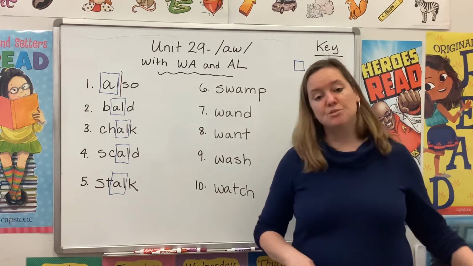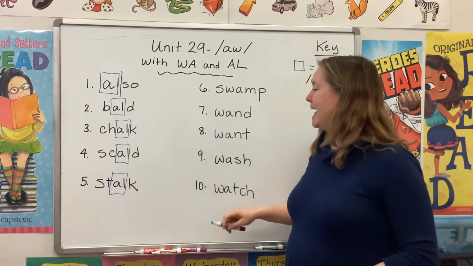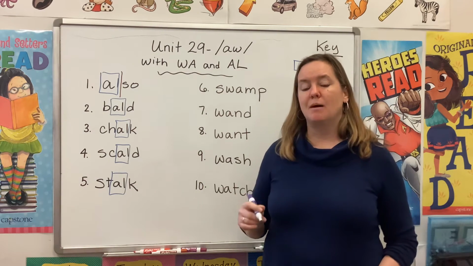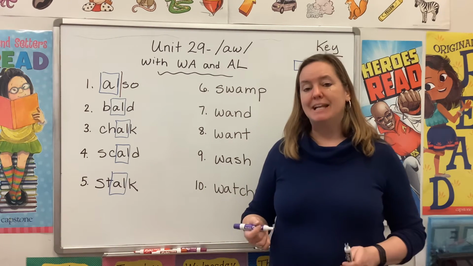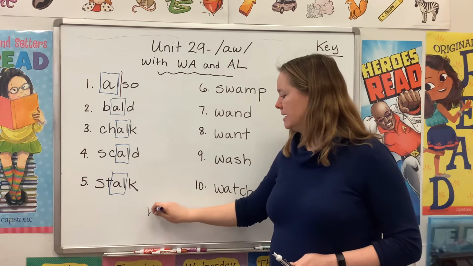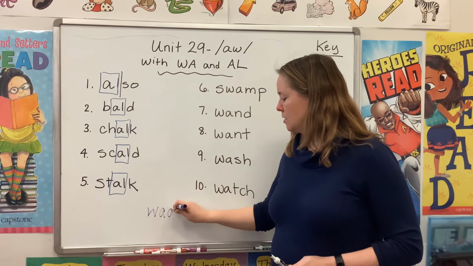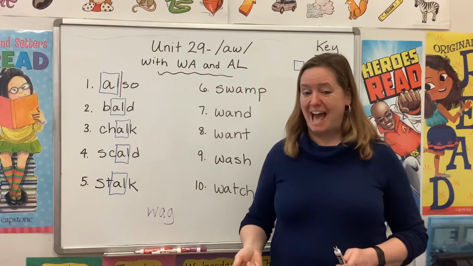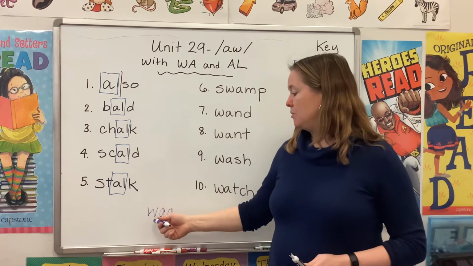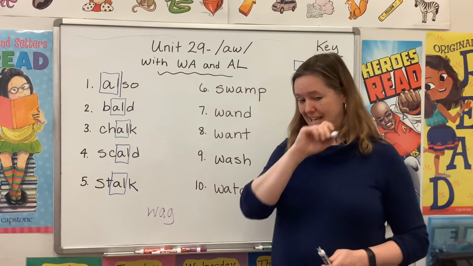Okay, let's choose a second color, and this time we're going to look for that WA pattern. Now, there are some words like wag and wagon where the WA makes a wah sound.